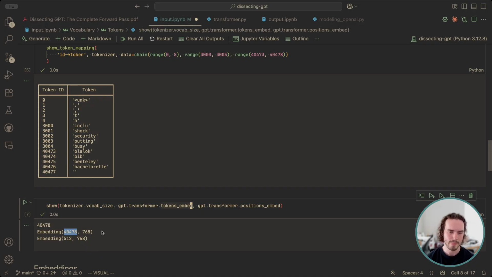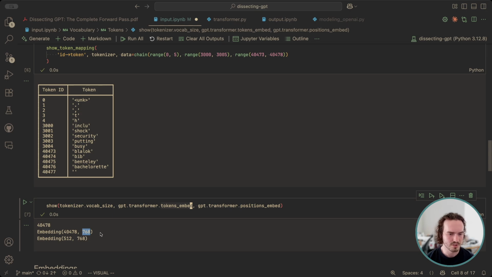And so that's how the model knows what piece of text we're talking about. And then this 768 number, that is something that you'll see called d_model, the dimension of the model. And so 768 here is the dimension of our embedding.